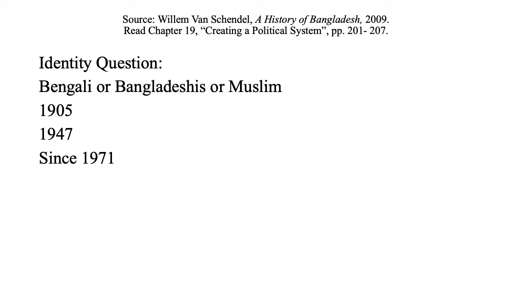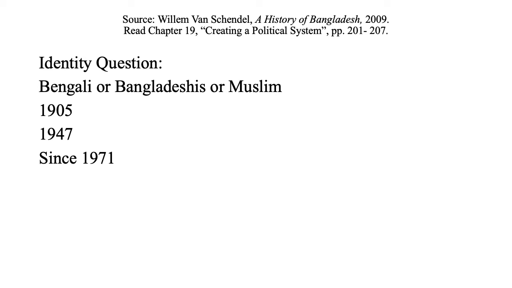So from 1982 to 1990, during the time of Ershad, there was again an emphasis on Islamic term, and so it was again the Islamic identity, Islamic nationalism, the term Islam in the constitution came to the fore.